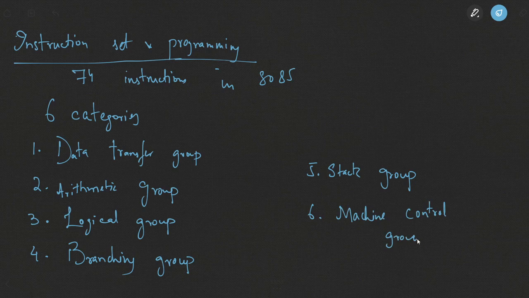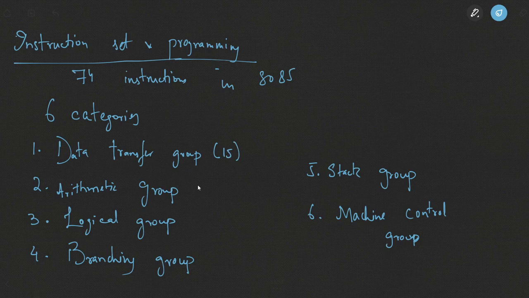As the name indicates, the data transfer group instructions deal with the transfer or flow of data between the memory and the microprocessor, between the registers and the microprocessor, direct transfer of data to the microprocessor, etc. Under this group we'll study 15 different instructions.